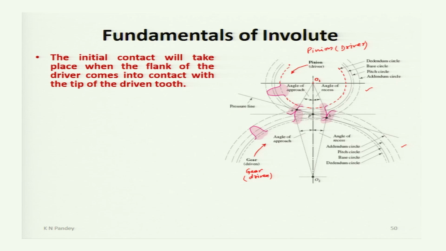Okay, this is the dedendum circle, and the dedendum circle of the driven gear is this one. Like that, and the addendum circle is given by this one.